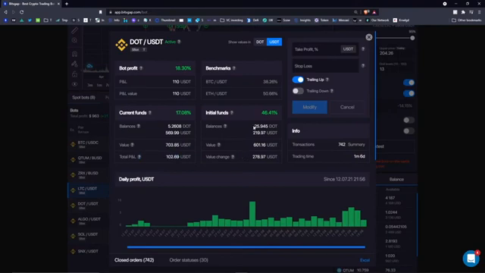If I would just hodl that amount of DOT at the time when I launched the bot, I would make more money. But don't forget that this 279 is pretty much your pending profit. It's like unrealized return.